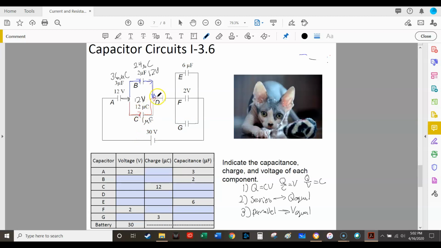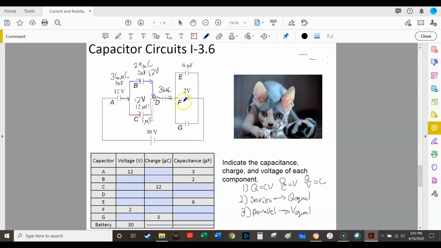Okay. So now we get to this point, and now blue and red have joined up, and we know that this is 36 microcoulombs again, because 36 split up, and then it has to join back up, right? Well, we don't know much else from here, but what we could actually try to extrapolate from is E, F, and G, right?